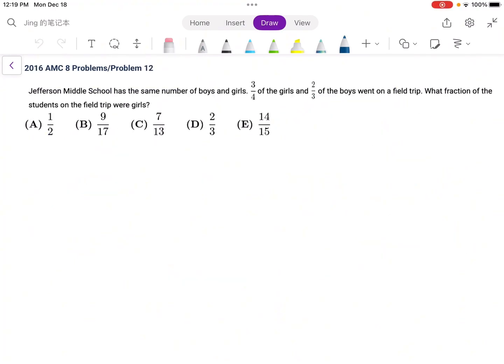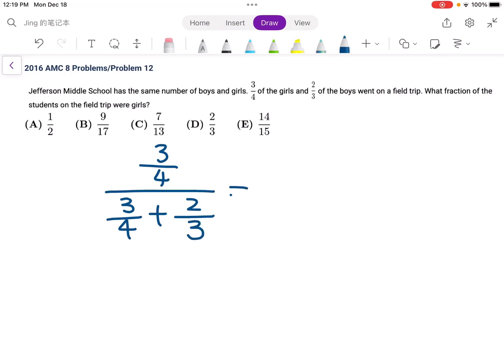Problem 12. Because the number of boys and girls are equal, therefore we can use the portion of the girls, 3/4, to divide the sum of the portion of the girls and the boys.